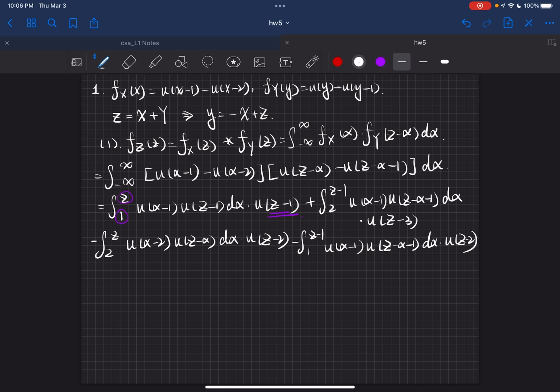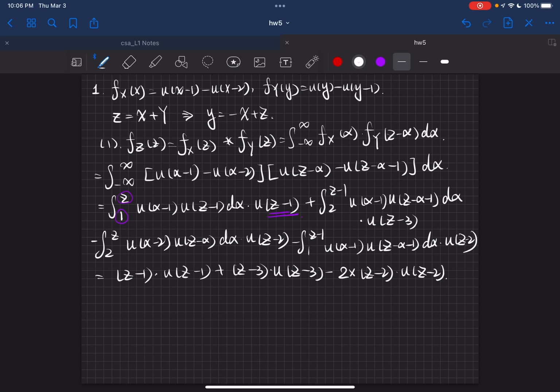And so after calculation, we get our final result equal to (z minus 1) times u(z minus 1) plus (z minus 3) times u(z minus 3) minus 2 times (z minus 2) times u(z minus 2). So here is the answer we get from the convolution method.